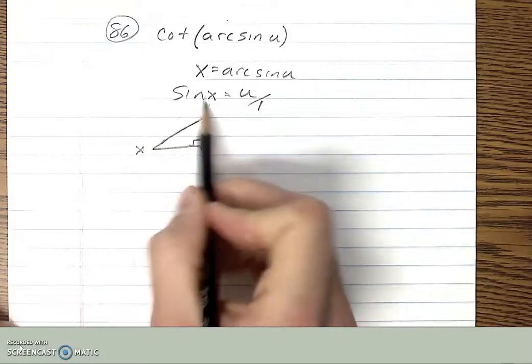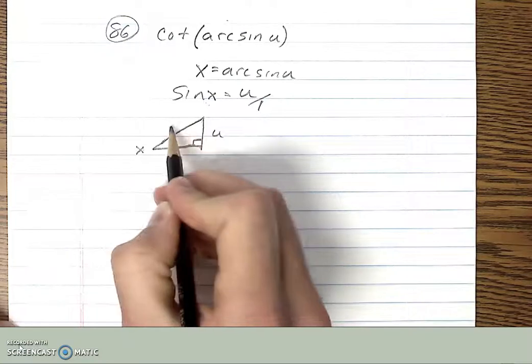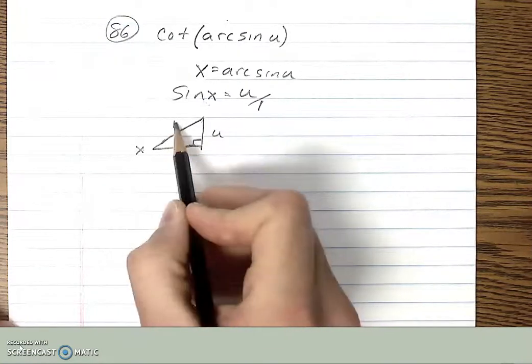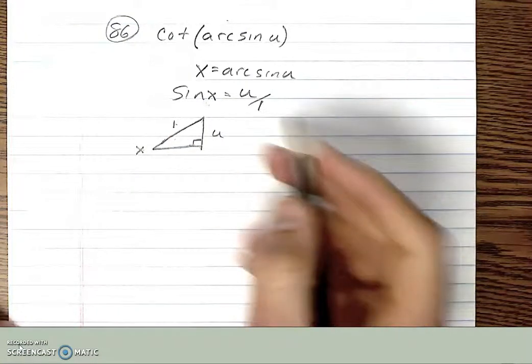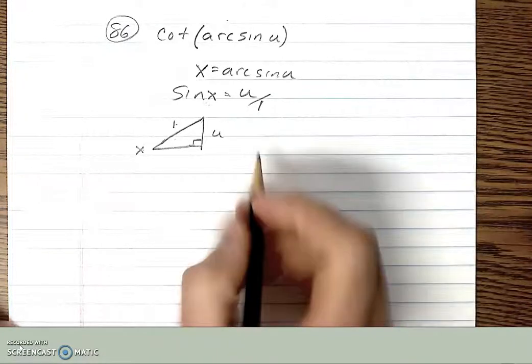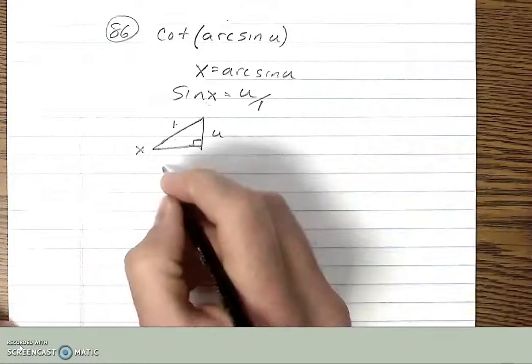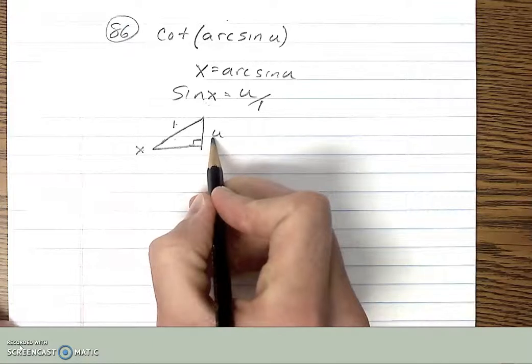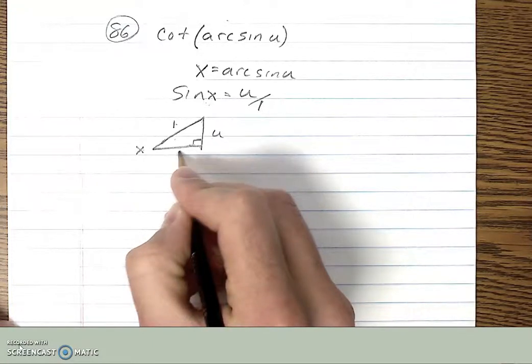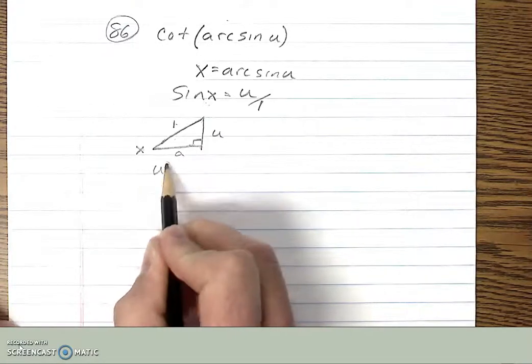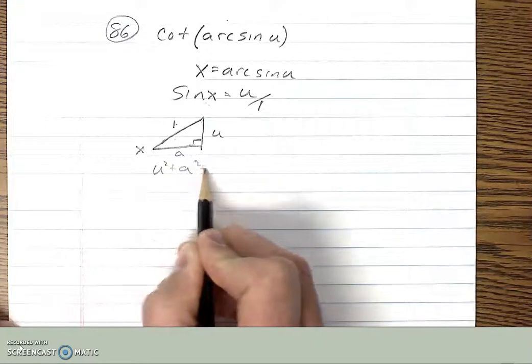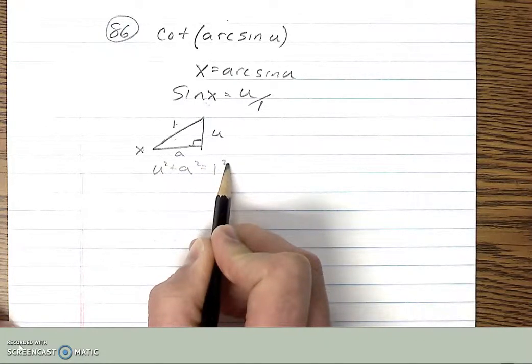Sine of x is u over 1, opposite over hypotenuse. And then we can just use the Pythagorean theorem to say, well, u squared plus, let's call that a, u squared plus a squared equals 1 squared, right?